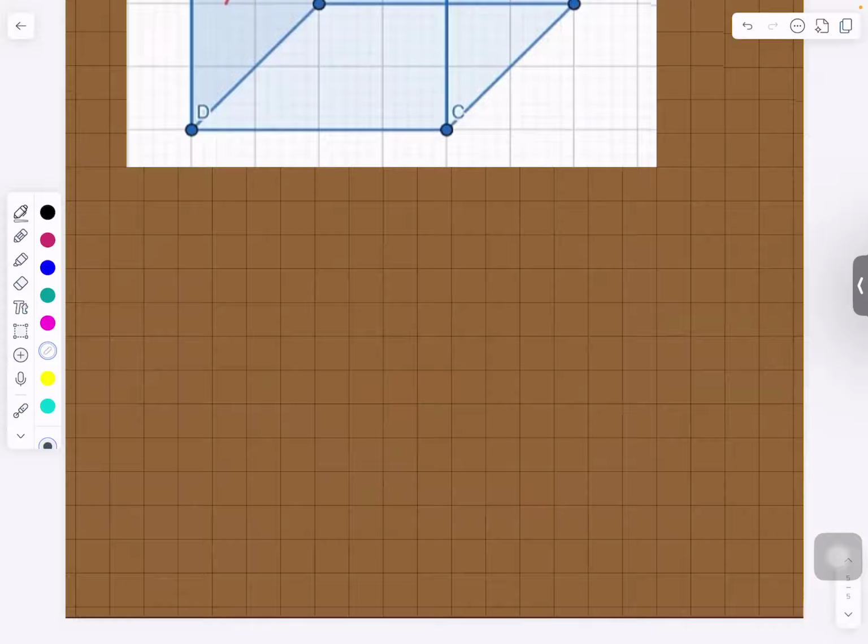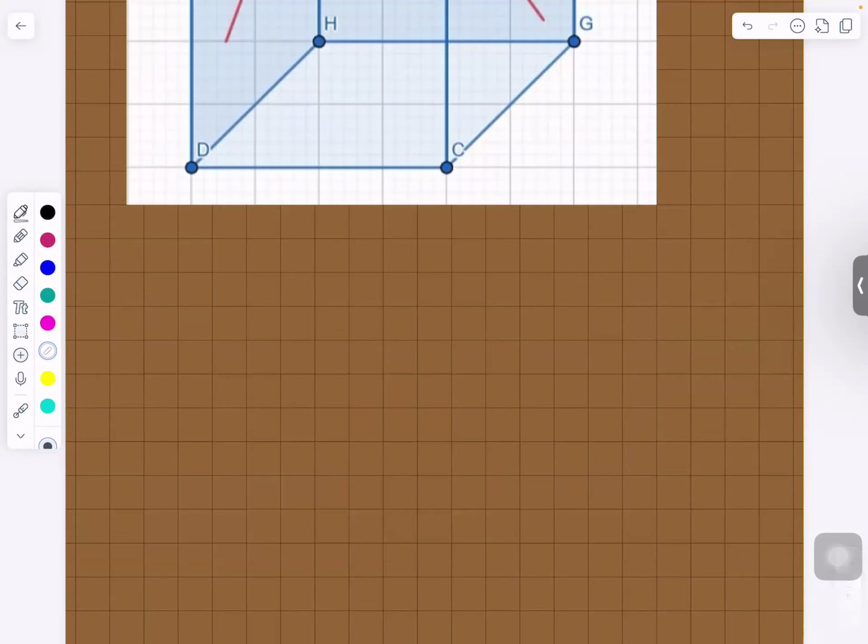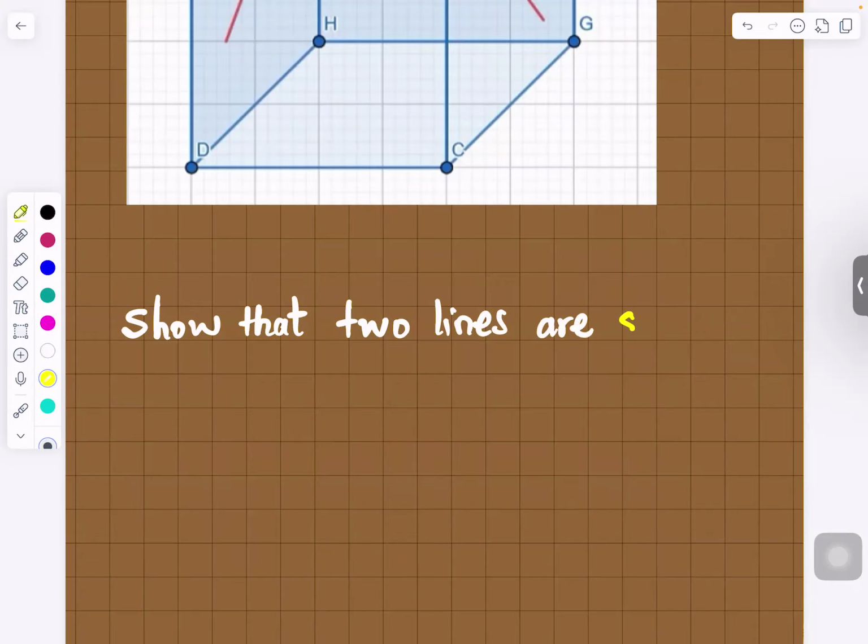So the title is: Show that two lines are skew lines.